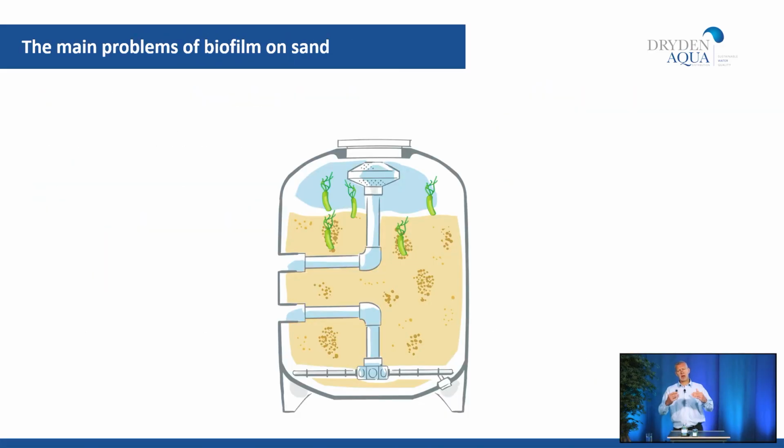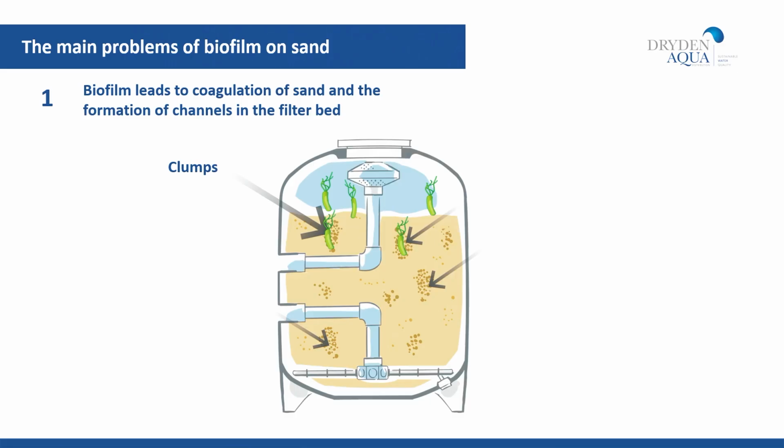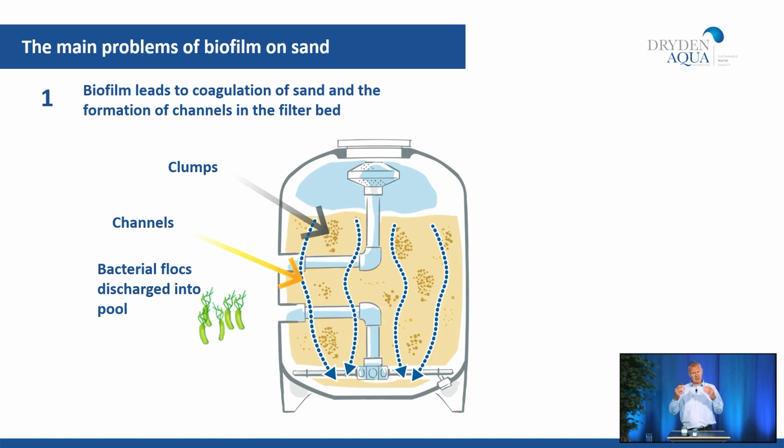Water's under pressure to pass through the media, and it starts to push these mud balls to the side, this biocoagulation, if you like, and the performance of that media starts to deteriorate. And we get channeling occurring. So particulate matter that we're trying to collect simply passes through, and occasionally we get a rupture of the biofilm and bacteria flock back into the pool, and it destroys our oxidizer, our chlorine in the water.